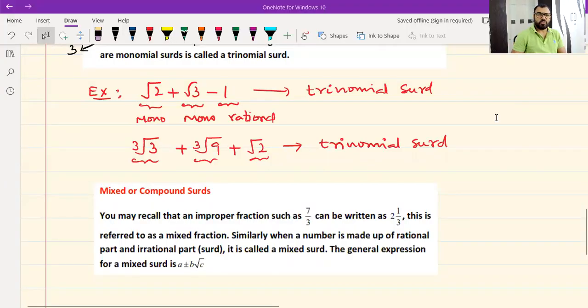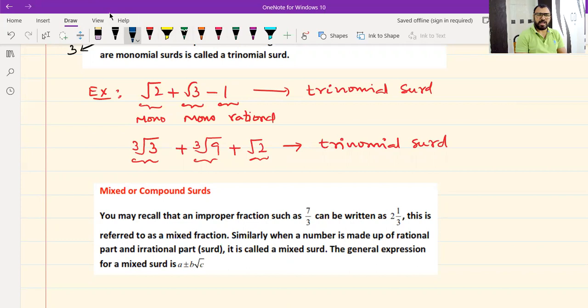Now, what is a mixed or compound surd? A mixed or compound surd is the sum of one surd and one rational number. Only the name is different here.